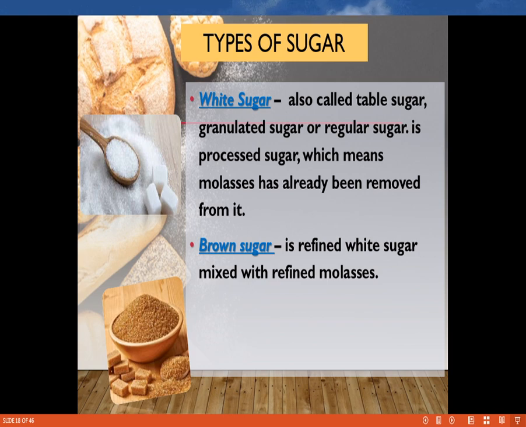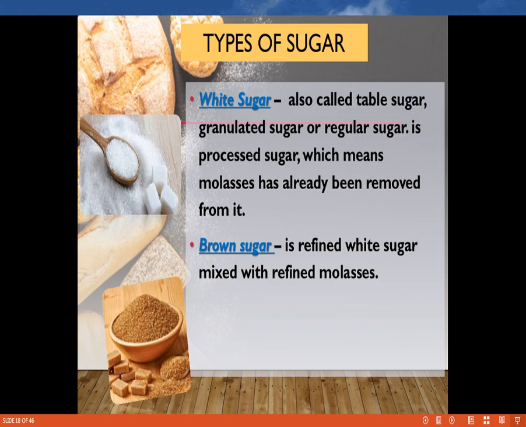Types of sugar. White sugar. White sugar, or granulated white sugar, is commonly found on the table at home. It is produced through a purifying process that removes a brown syrup called molasses. Brown sugar.